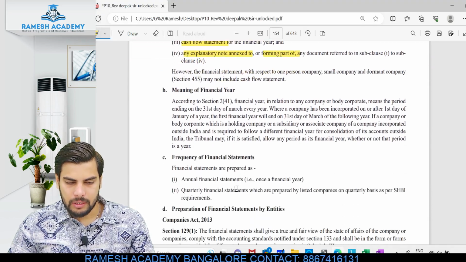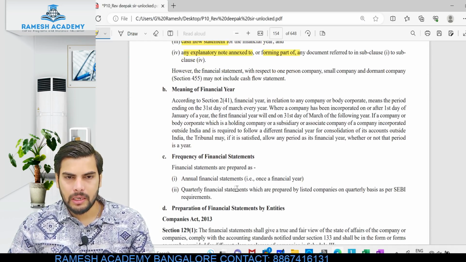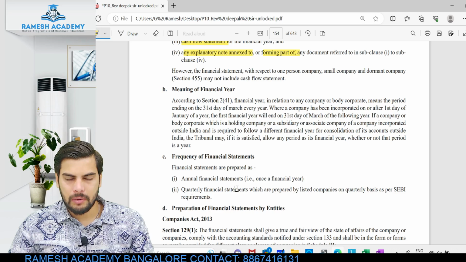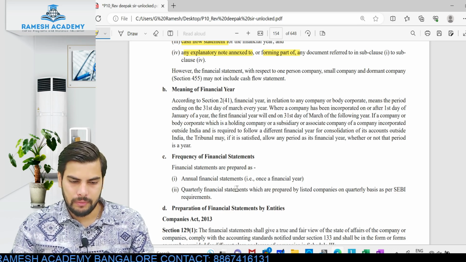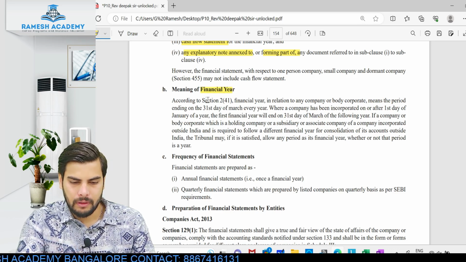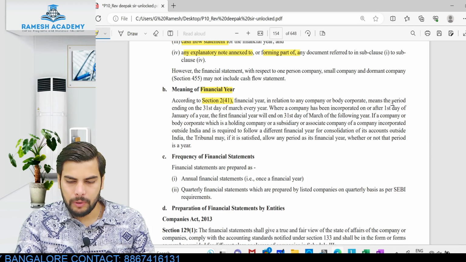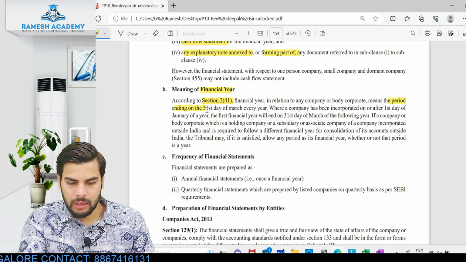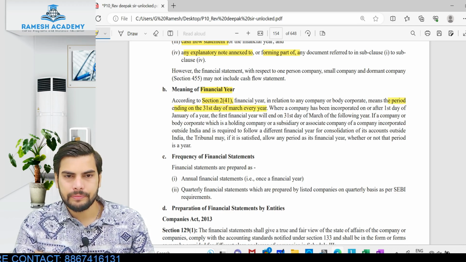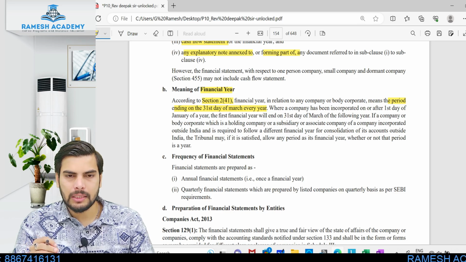Okay, let's have a look at the next thing. Meaning of financial year. Now that you guys know what is financial statement, let us understand what is this financial year. Look at this. Section 2(41): financial year in relation to any company or body corporate means the period ending on 31st day of March every year. Okay, the period ending on 31st March of every year will be treated as financial year.